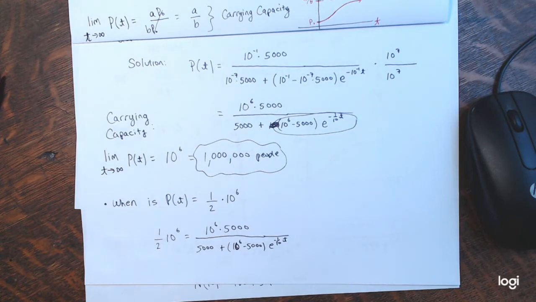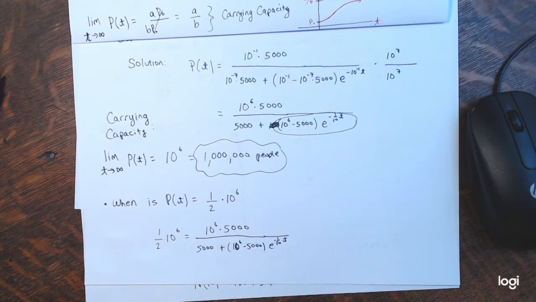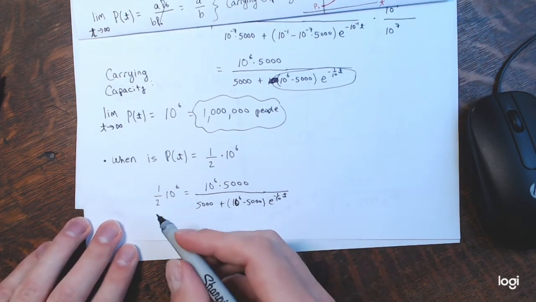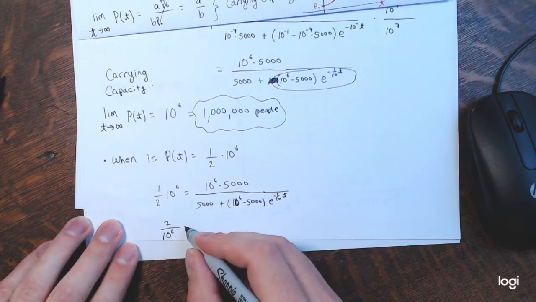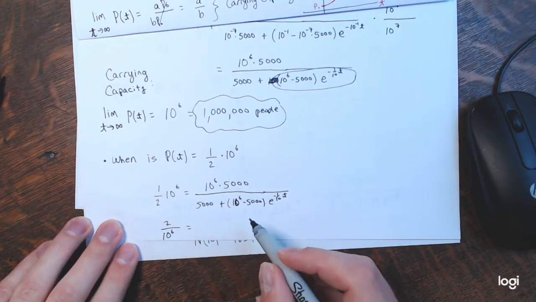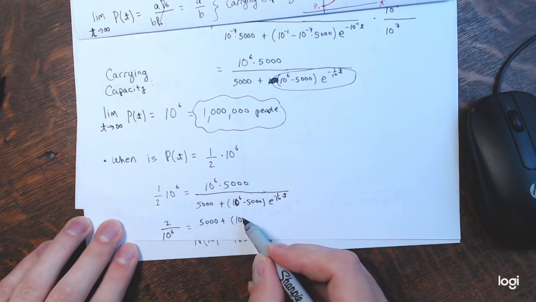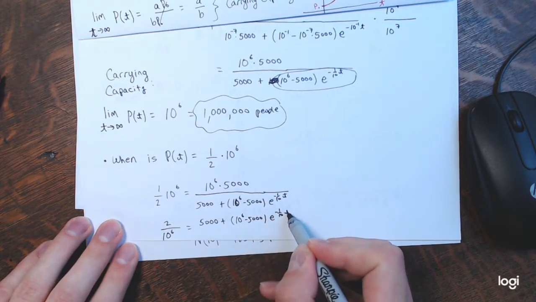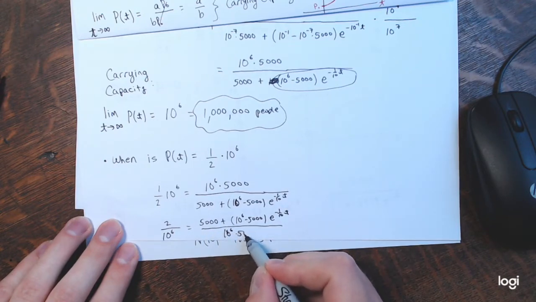So me personally, I would start off by maybe flipping both sides and multiplying by 10 to the 6th times 5,000. If I flip both sides, I'd have 2 over 10 to the 6th here, equals 5,000 plus 10 to the 6th minus 5,000 e to the negative 1/10 t over 10 to the 6th times 5,000, and then multiply by this denominator.